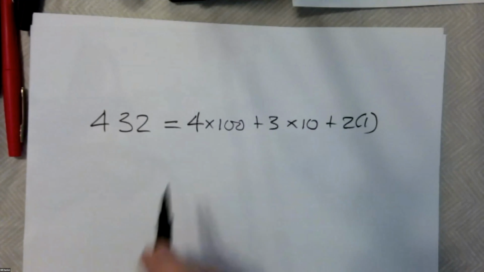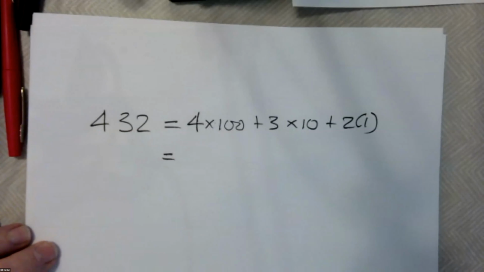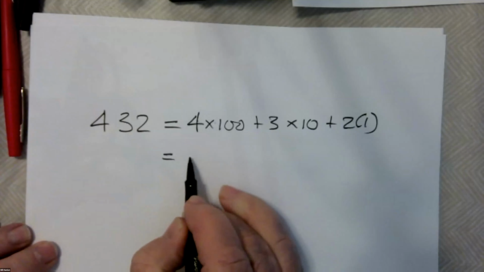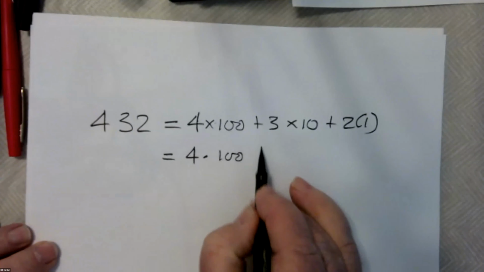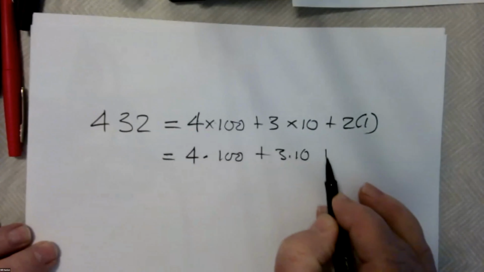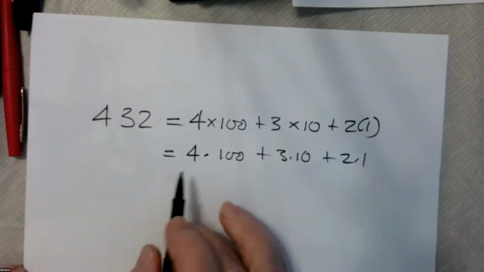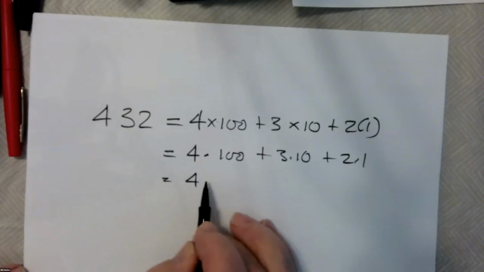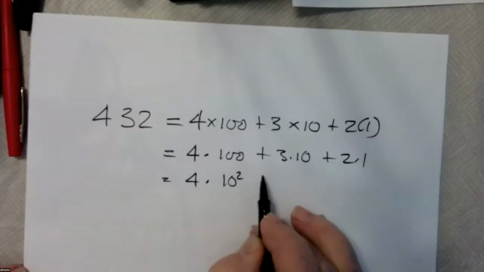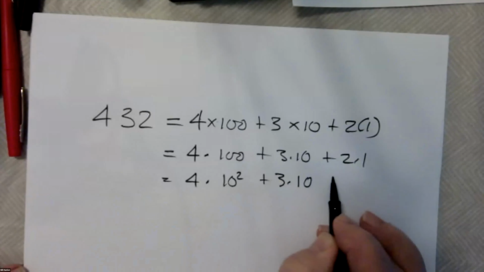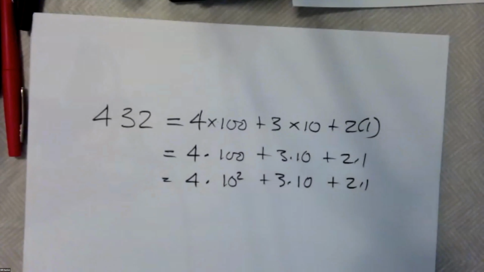Later, what we do is we show them how to write that without the X for times, and rewrite that as 4 times 100 plus 3 times 10 plus 2 times 1. Then, of course, they learn about exponentials. So they learn to write this as 4 times 10 squared plus 3 times 10 plus 2 times 1.